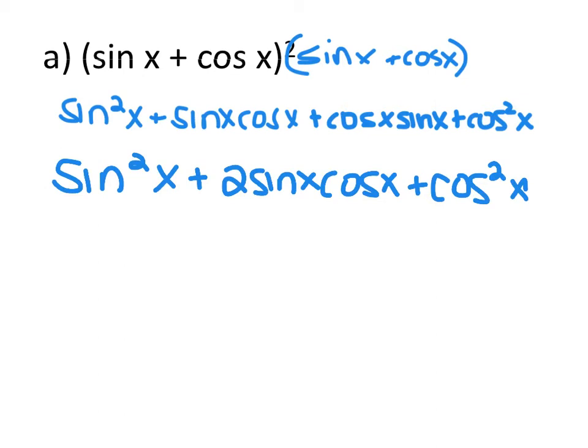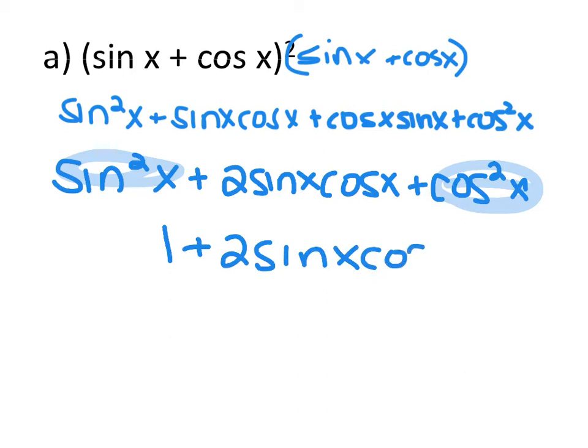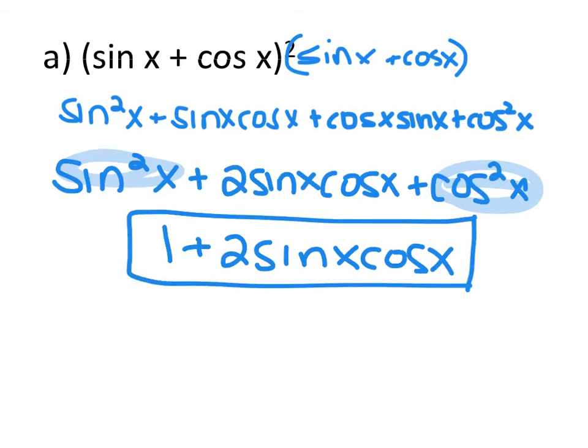Good. So what is sine squared x plus cosine squared x? This plus this is 1, right? So I can say 1 plus 2 sine of x cosine of x. Is there a reciprocal function there that I could replace? No. Can't cancel anything out, which means that this is going to stay exactly how it is.